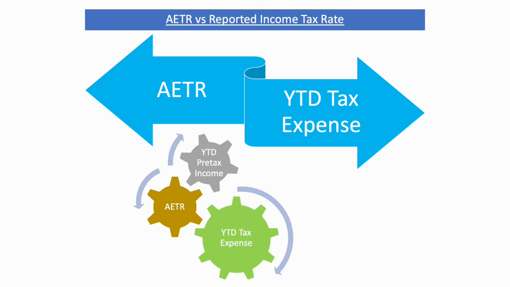It may cause some distortions in your YTD tax expense, because the way the AETR is calculated, it will include some forecast assumptions which may or may not have already happened. So when you apply your AETR to the YTD actual income, the tax expense calculated may be slightly distorted, but it does get reversed whenever your forecasted event happens in a subsequent interim period.